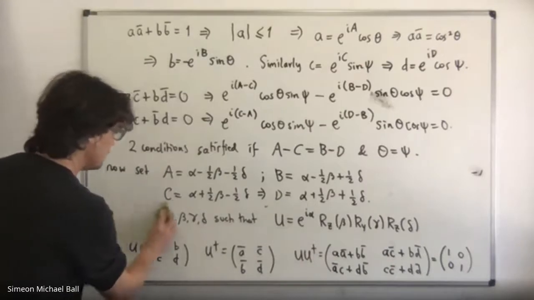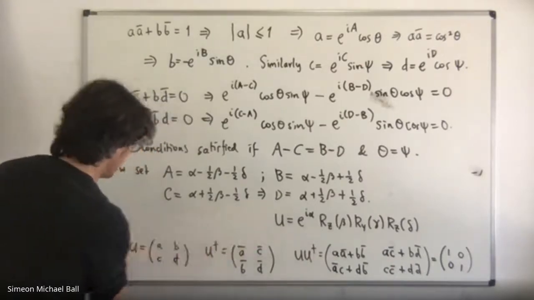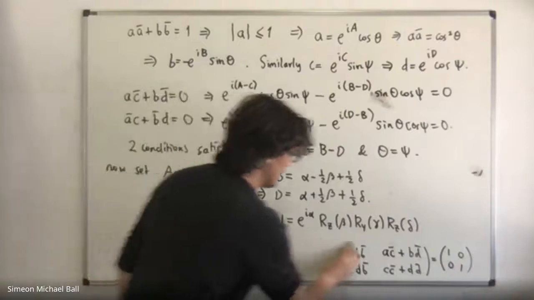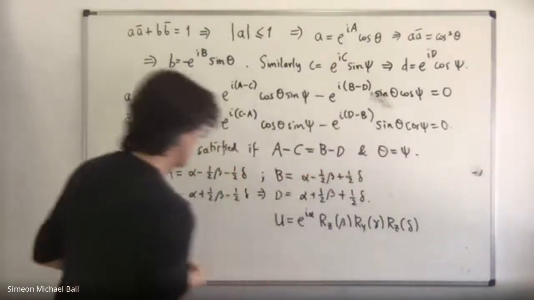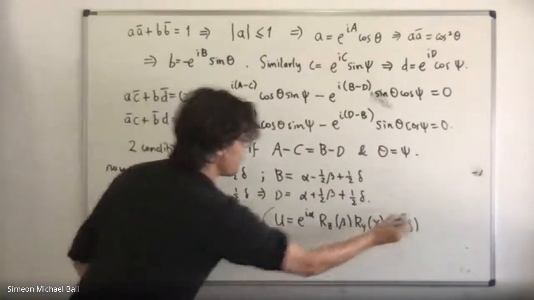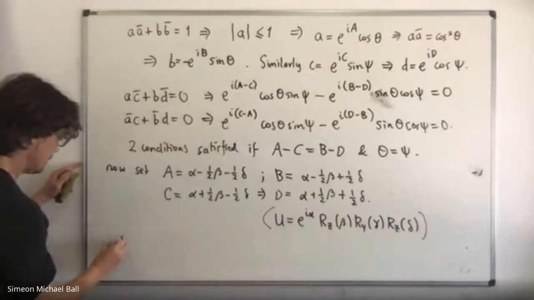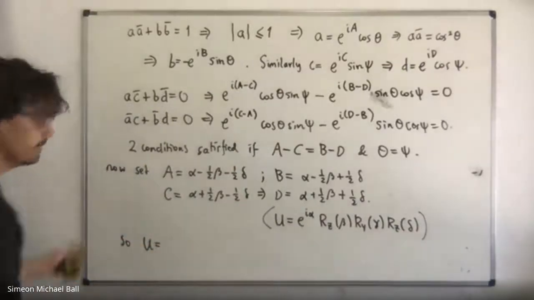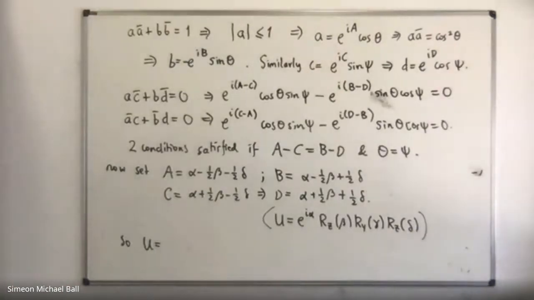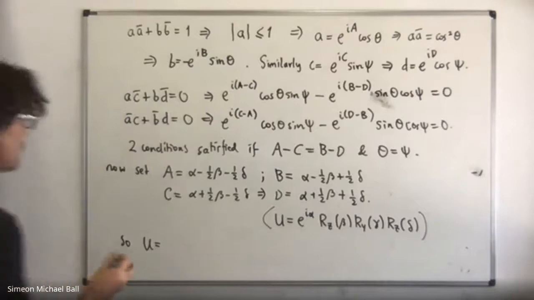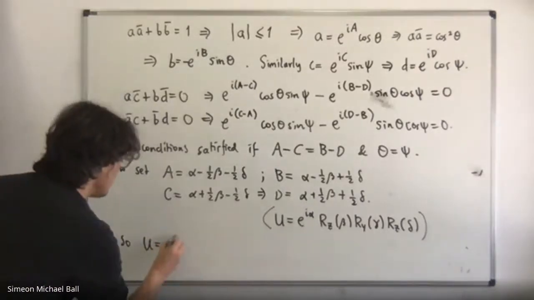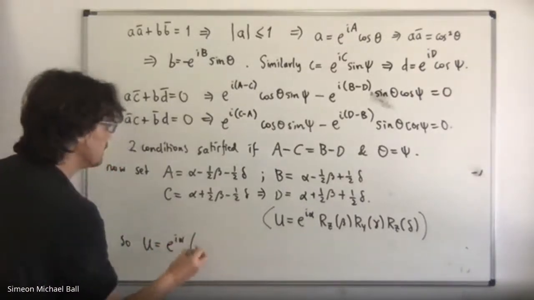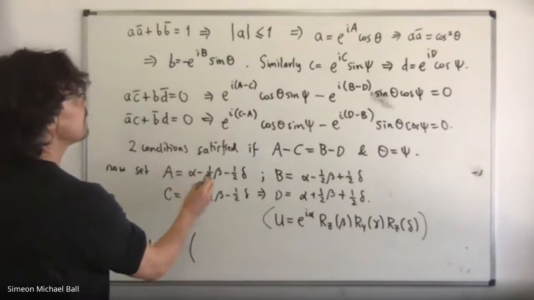Should I leave it up there? So now we have that U is looking like this. So this is what we're trying to do. So U is equal to, I think we can already take out the e to the I alpha. I think that's obvious.